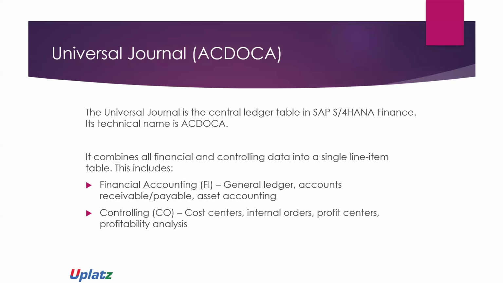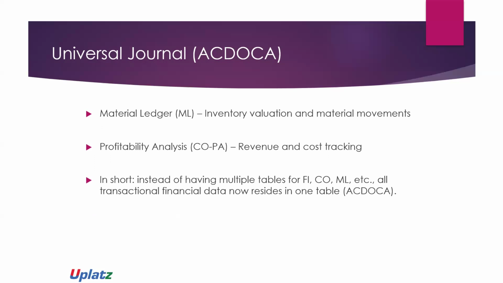In controlling, we get the cost centers, internal orders, profit center, and profitability analysis. And in the material ledger, we get the inventory valuation and material movement. In profitability analysis, which is also called COPA, the revenue and cost tracking comes in.